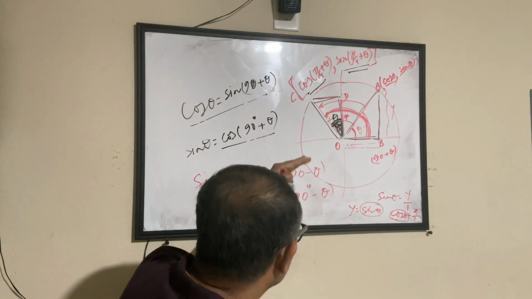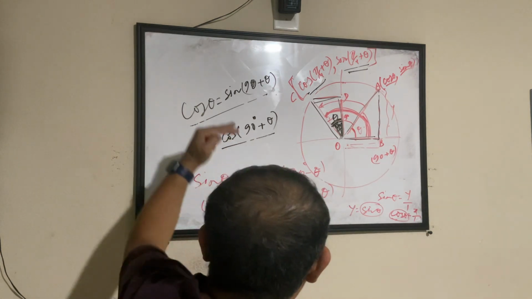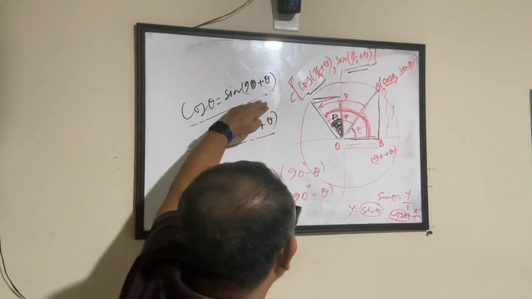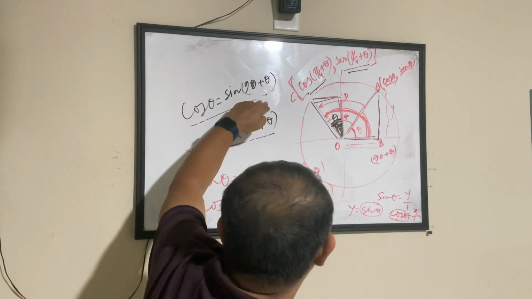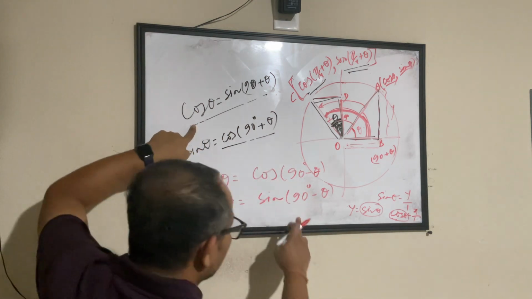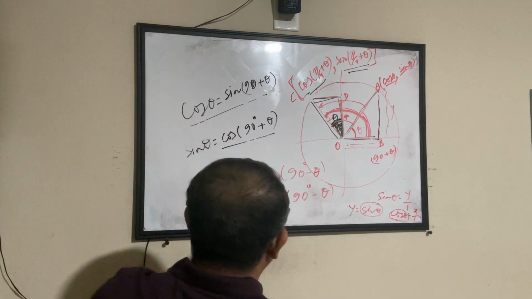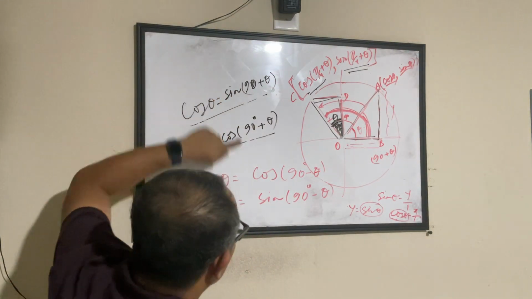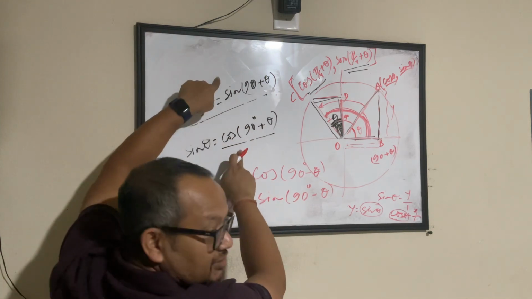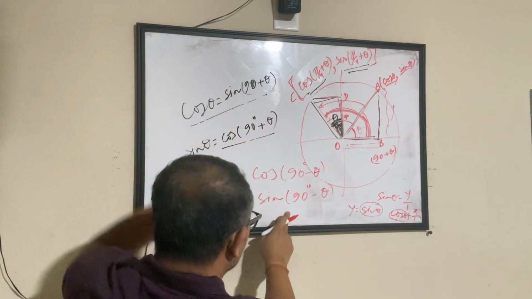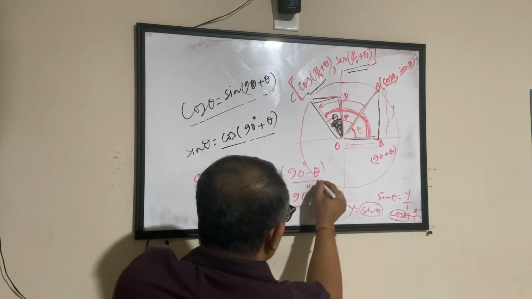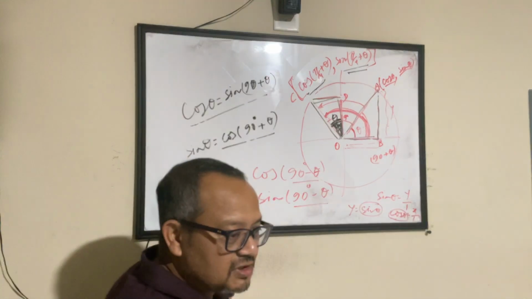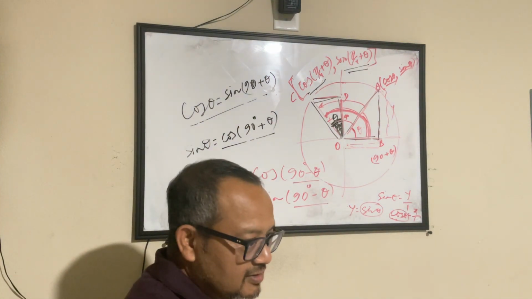It is when you are adding 90 degree to theta. Basically, it's just the continuation of the composite angle theorem that we have learned, that when you are adding or subtracting theta from 90 degree, it is equal to the opposite of sine or cos of that angle.